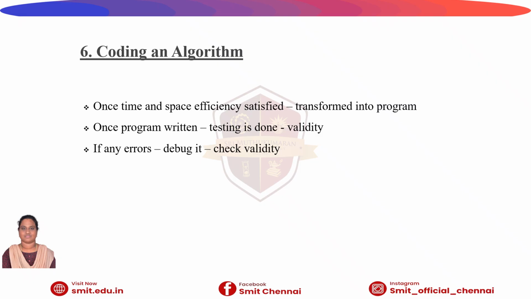Next one is analyzing the algorithm. For an algorithm, the most important is efficiency. In fact, there are two kinds of algorithm efficiency. They are time efficiency and space efficiency. Time efficiency indicates how fast the algorithm runs, and space efficiency indicates how much extra memory it uses.